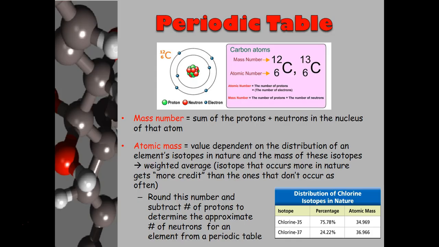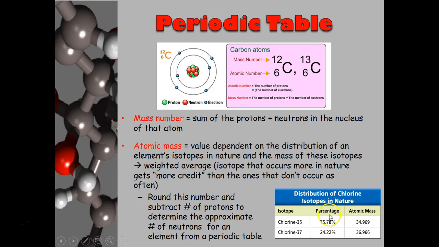Well, we do the same thing when we make these atomic mass calculations. If I'm looking at something like these chlorine isotopes down here, chlorine 35 is approximately 76% of the isotopes of chlorine found in nature, where chlorine 37 only makes up about 25, or 24.